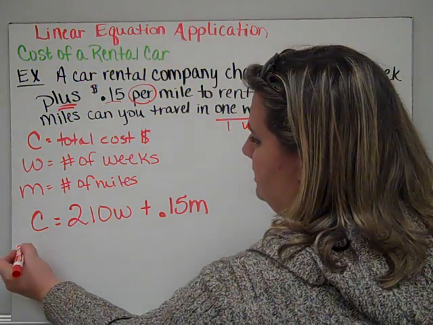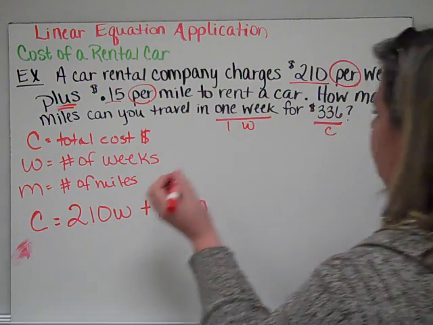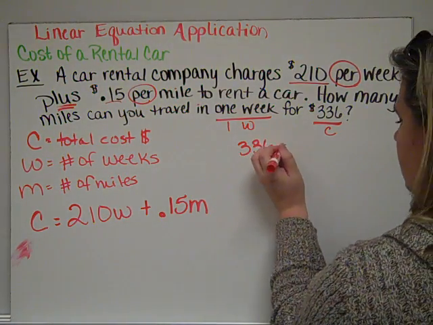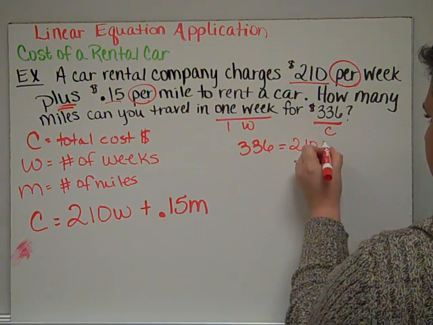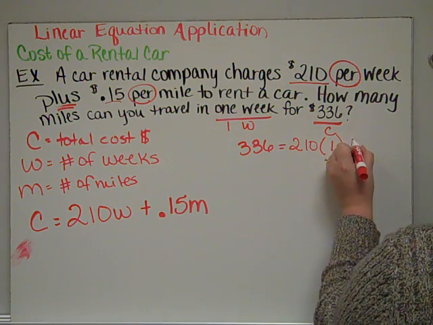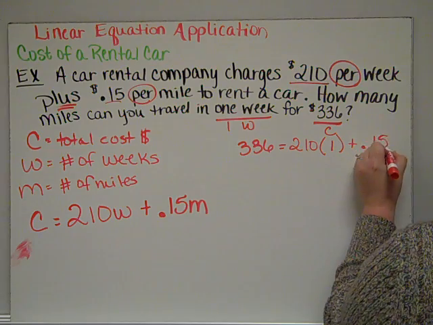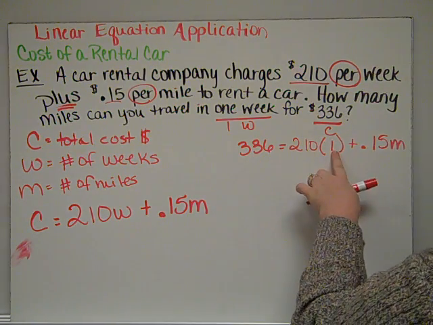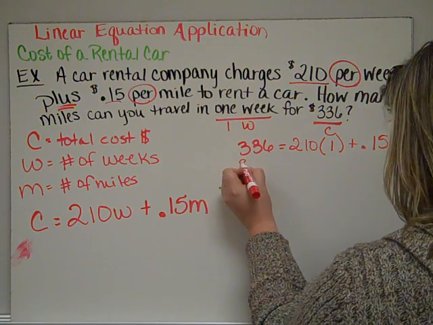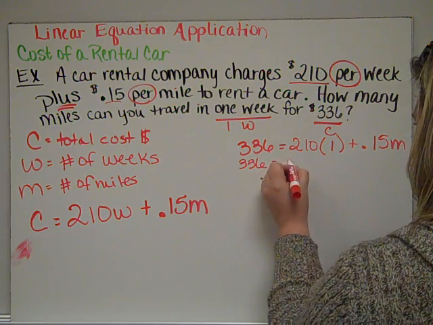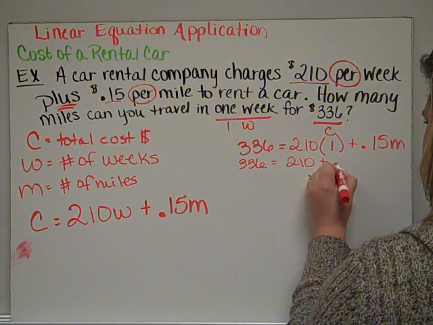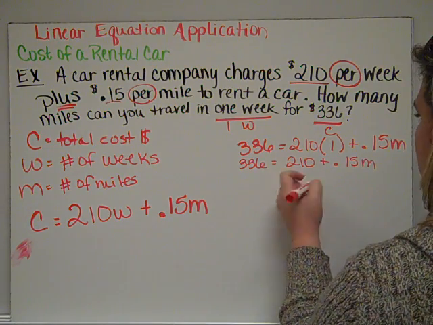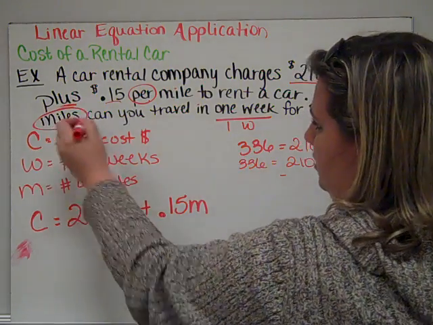So my total cost is 336 equals 210, because it said 1 week. Here's my total cost. I know that I have to multiply that out. Now it's just as simple as solving for the miles, because that's what we're solving for.